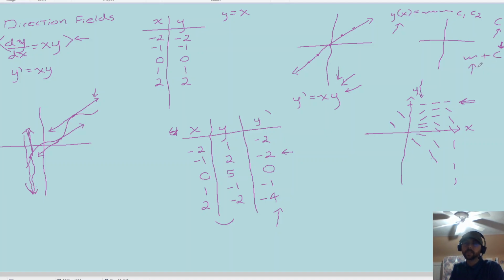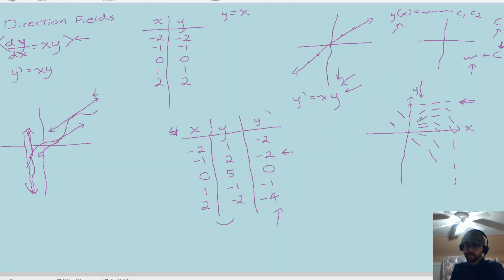It's not just a solution, it's a family. And unless you're given some initial conditions, you can't find the specific solution. You can only find the family of solutions. So it's the same with differential equations. You're finding a family of solutions, and if you're given initial conditions, you can find the specific one.